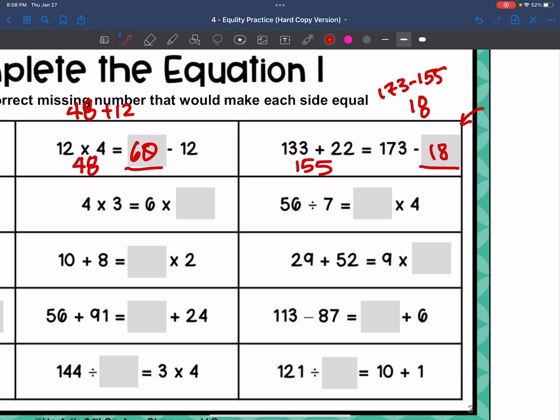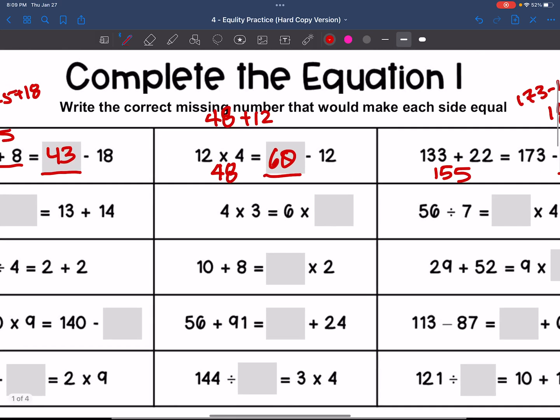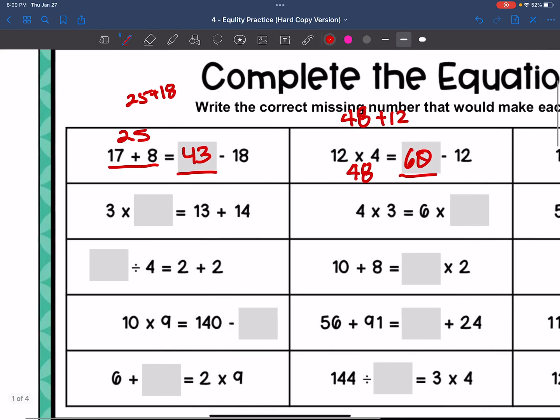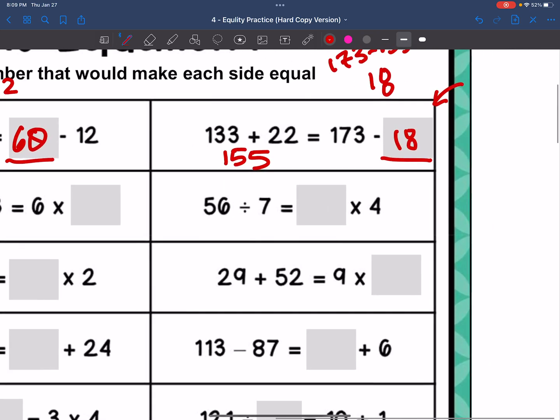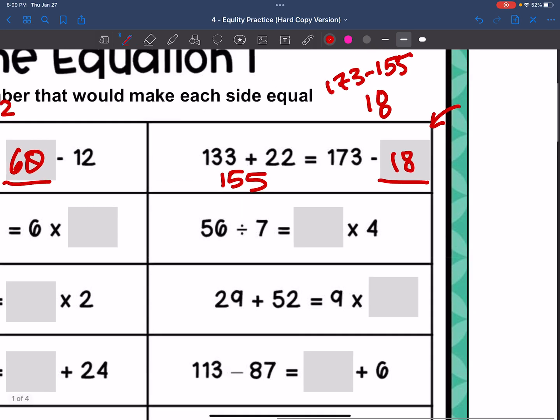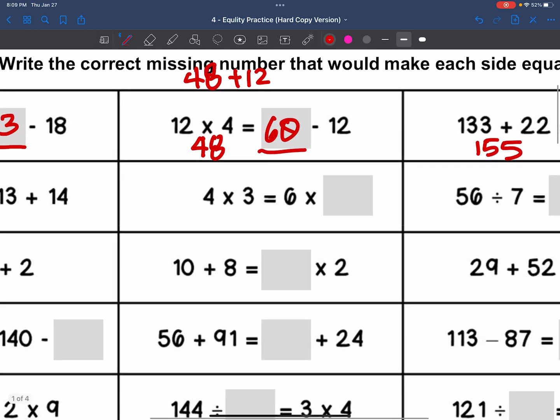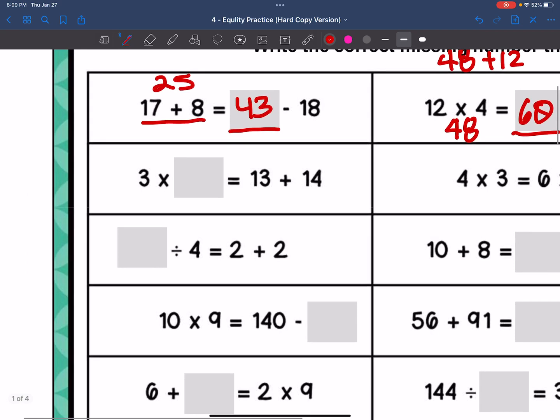And 173 minus 18 gives me 155. So in those first two, we were trying to find a bigger number to equal a smaller number, right? Because we were subtracting. Here we had a smaller number, and we were taking a bigger number minus something else. So that other number needed to also be smaller. That's why we subtracted.